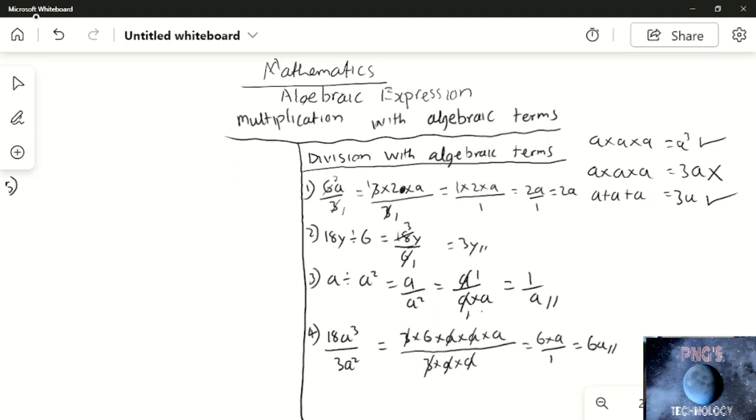Let's assume we're given an example as this: 48x squared y all over 12xy. So 12 times what gives us 48? 12 times 4, I'm very sure about that.